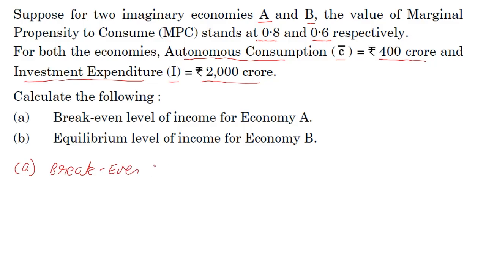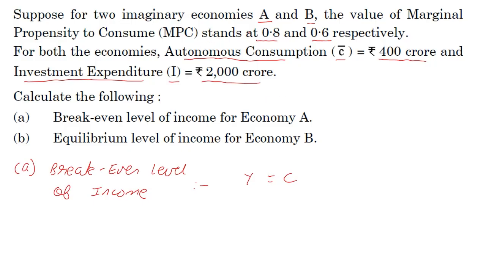The break-even level of income. Okay, for that we have a formula where Y is equal to C. Now looking at the question, we need to calculate how much is consumption.